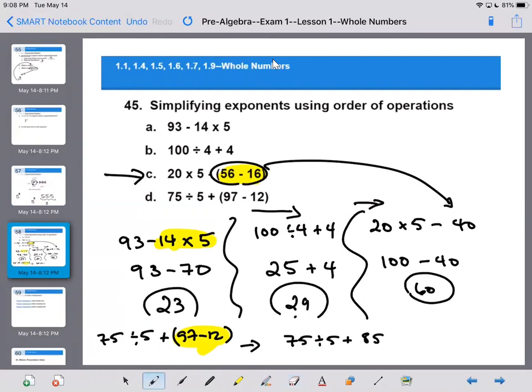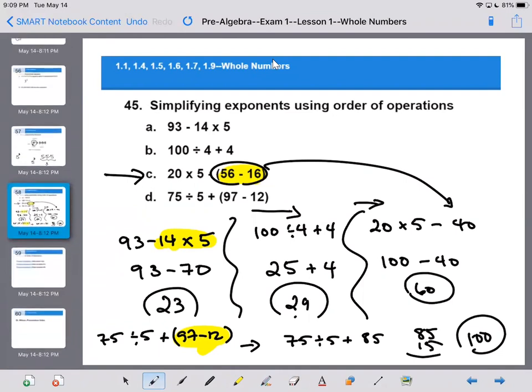Well, 75 divided by 5 should be 15, and then 85 plus 15 is 90 and 10, should be 100. So that's using your order of operations.